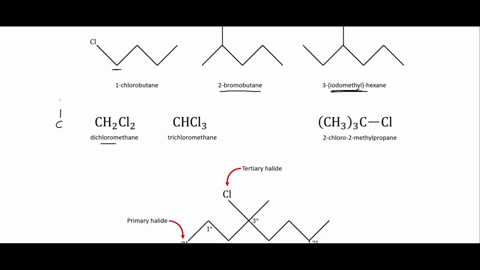So the carbon, then we'd have our dichloro here, and then we'd have our hydrogens like this. And so that's dichloromethane. Of course we have trichloromethane. That would have the Cls like this. We'd have yet another Cl right here. Then we would have our H like that. So that's trichloromethane.